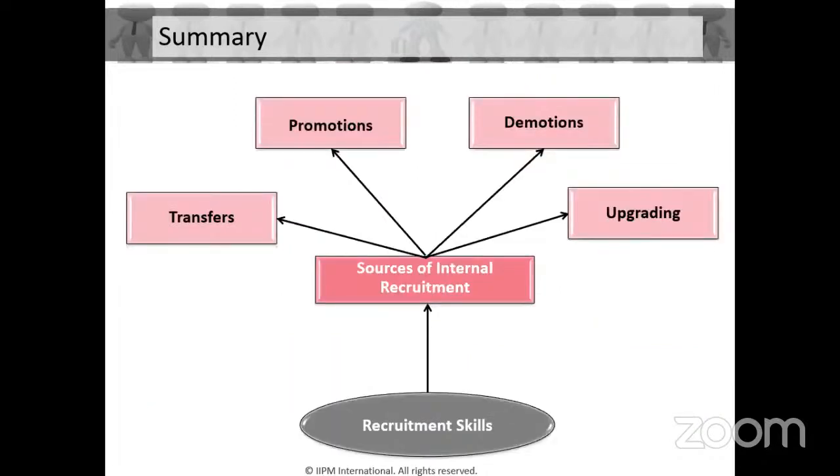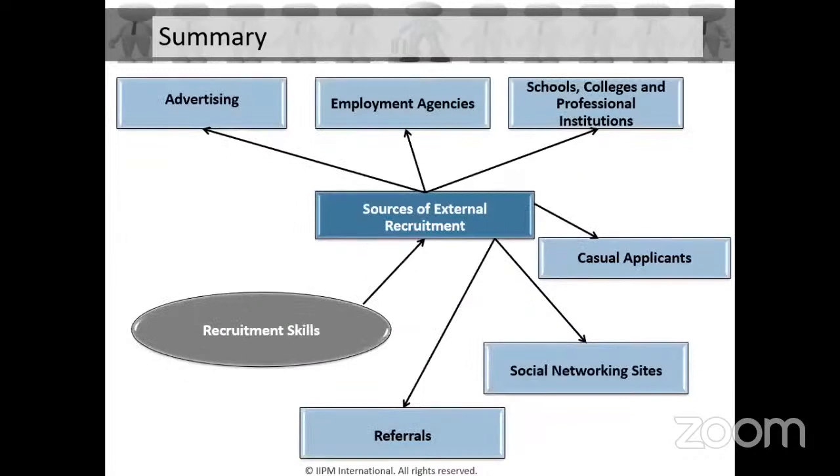Sources of internal recruitment include transfers, promotions, demotions, and upgrading. Sources of external recruitment involve advertising, employment agencies, schools, colleges, and professional institutions, casual applicants, social networking sites, and referrals.